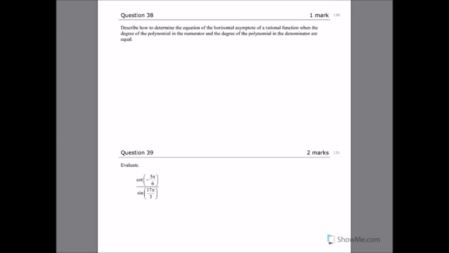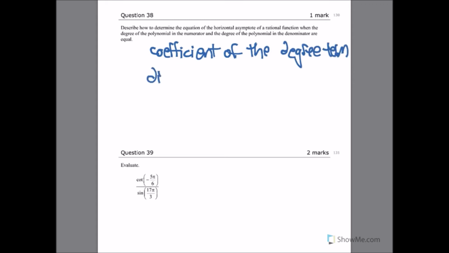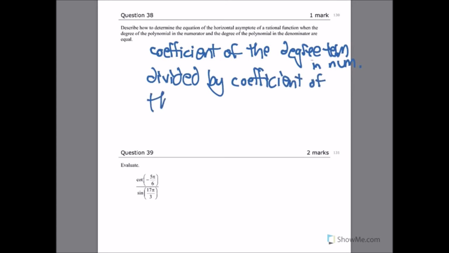When that's the case, take the coefficient of the degree term in the numerator divided by the coefficient of the degree term in the denominator.